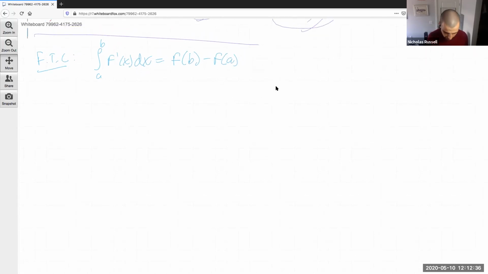Thinking about the integral here, it is relating a derivative to the boundary, because b and a are really the boundary. What's the function value at the boundary? It relates the boundaries of the original function to an integral with a derivative over my interval here.